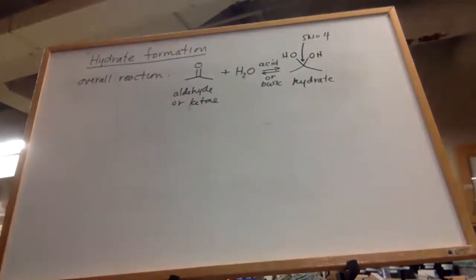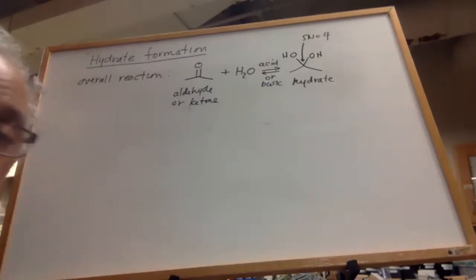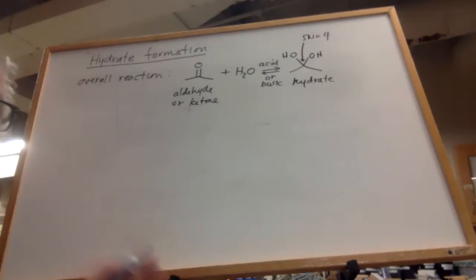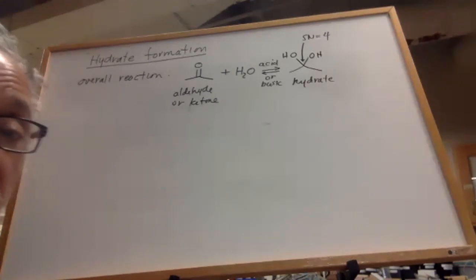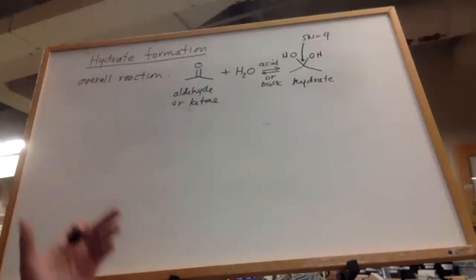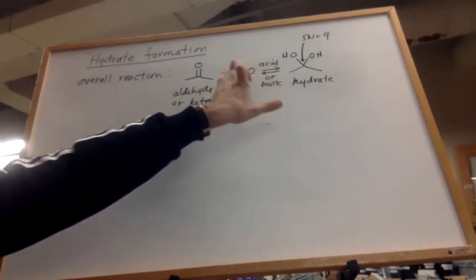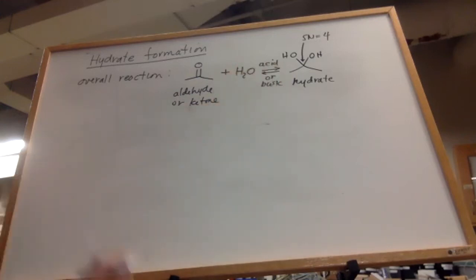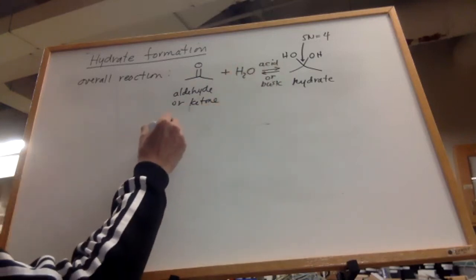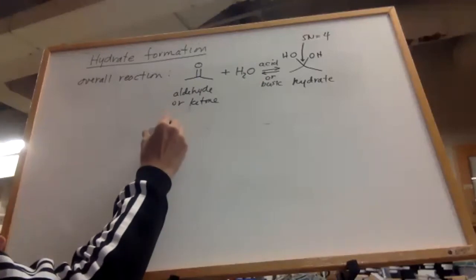Okay, I want to talk about the mechanism, but before we do that, let's make sure that we can do some product prediction, where I give you the reactants and you can tell me what the product is. This is really easy, right? Because that carbonyl carbon is going to become a carbon atom that is bonded to 2 OH groups. Okay, so what about something like this?